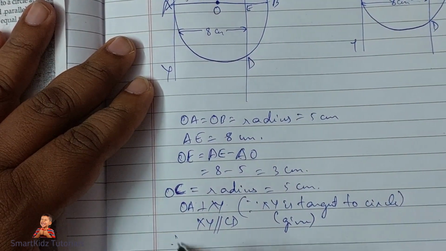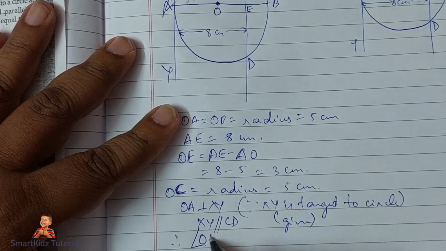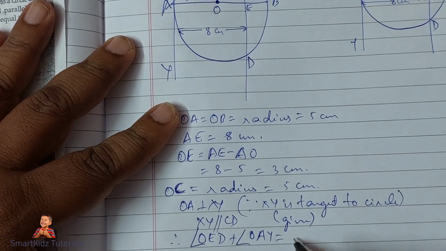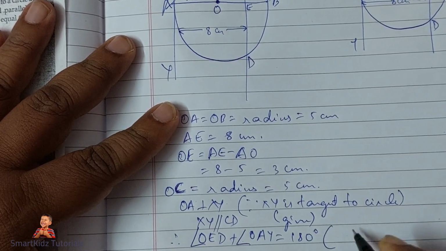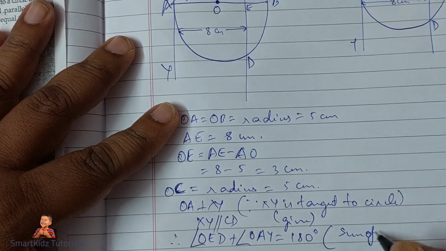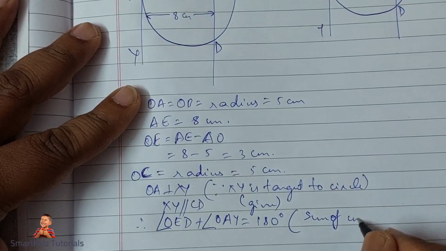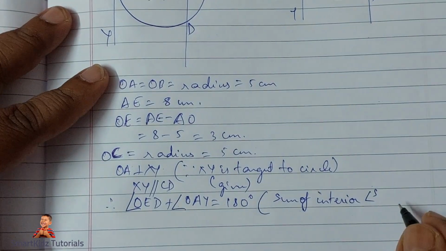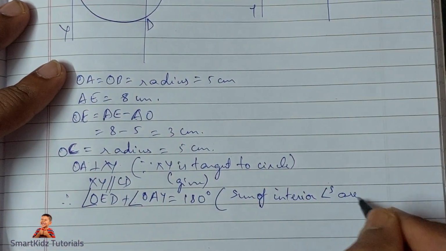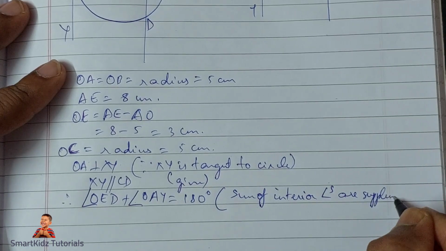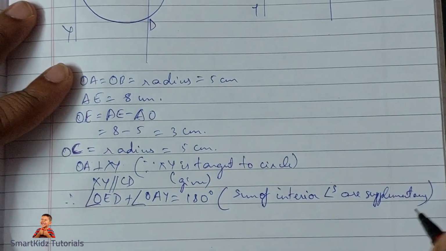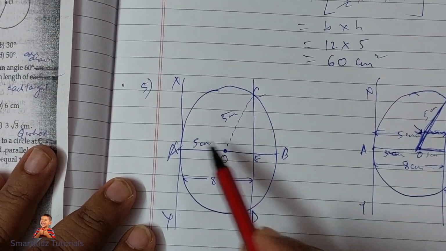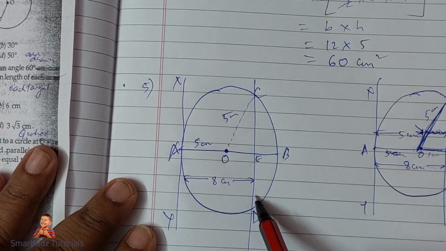And therefore, we can say angle OED plus angle OAY is equal to 180 degrees, which is the sum of interior angles. You can say supplementary, that means 180 degrees. See, these two lines are parallel to each other. This one is parallel to this one.